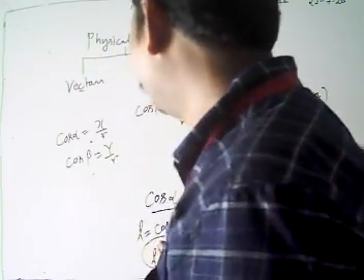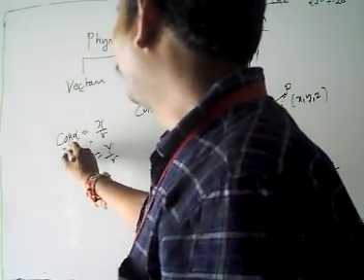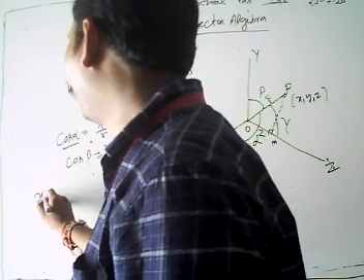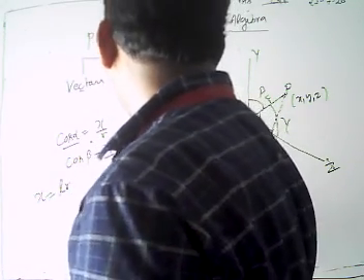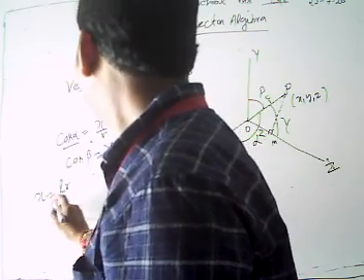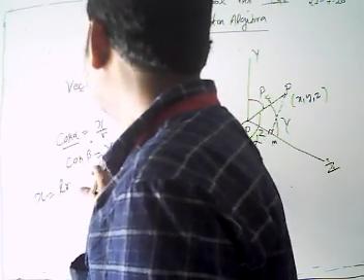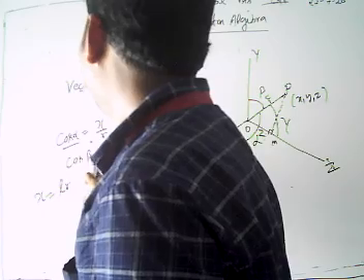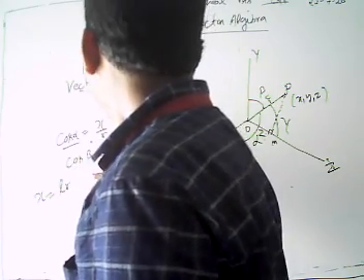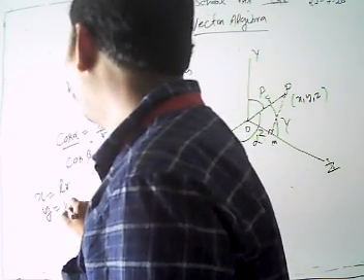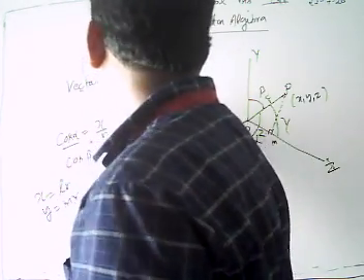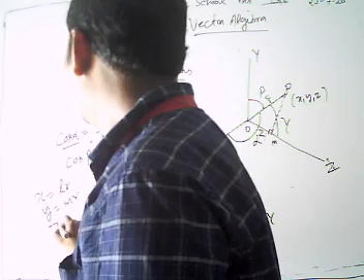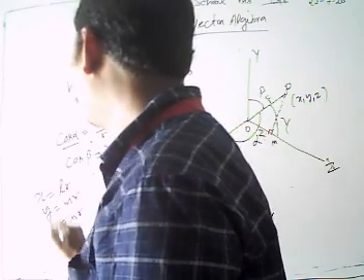Since our cos alpha is L, x is LR. Cos beta we take as M, then y is MR, and cos gamma is N, then our z is NR.